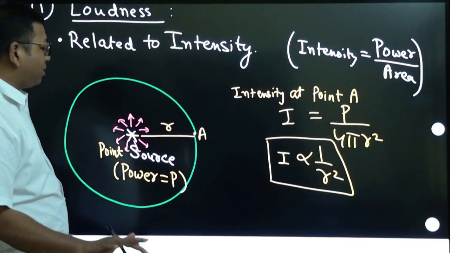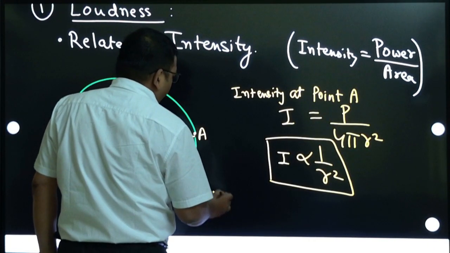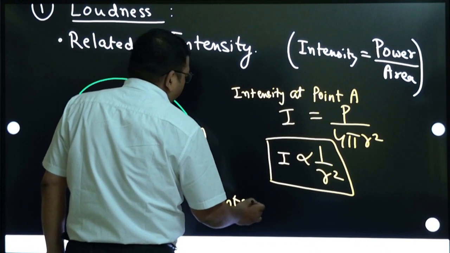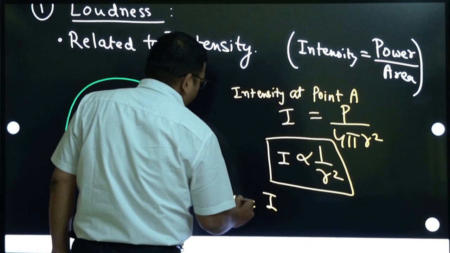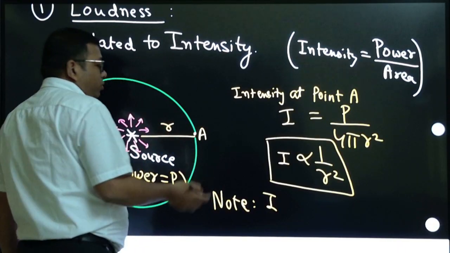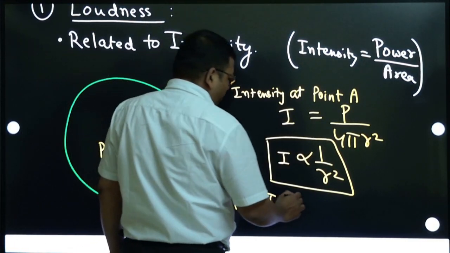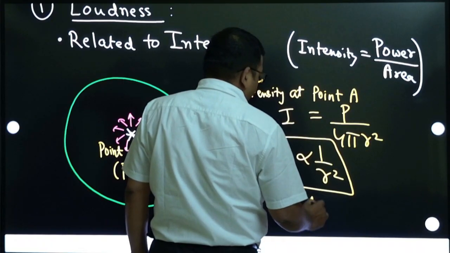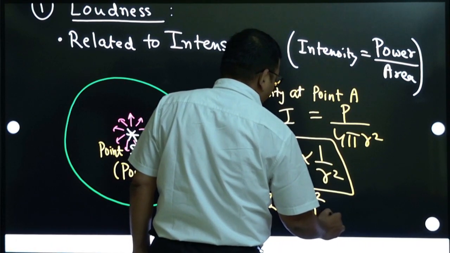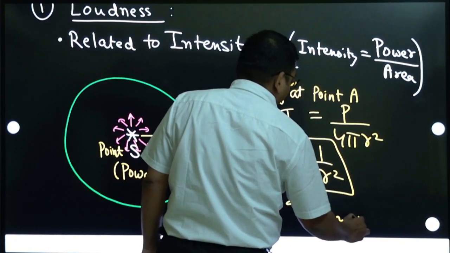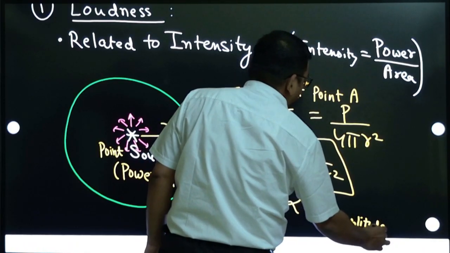And you already know that intensity of wave is proportional to what? It is proportional to amplitude square, right? A is amplitude.